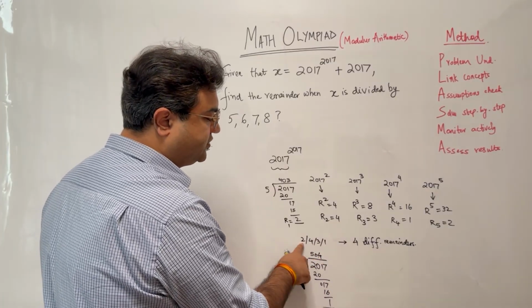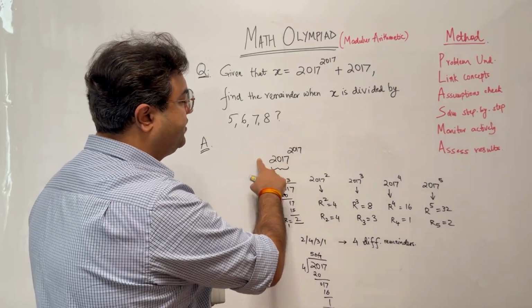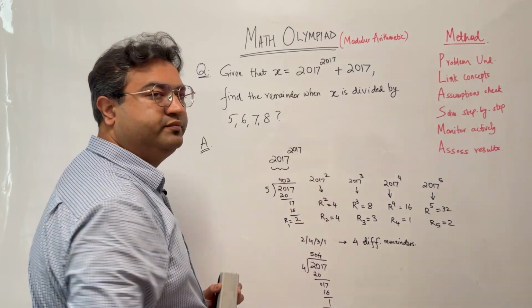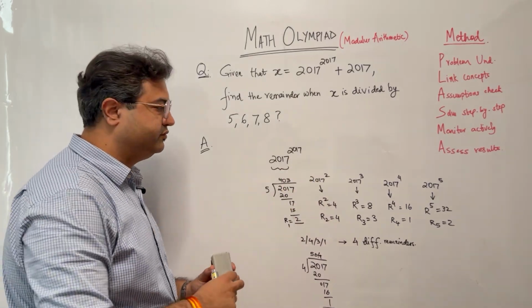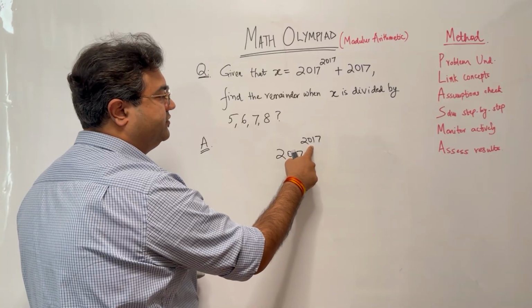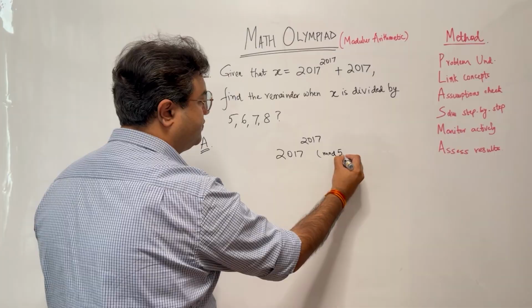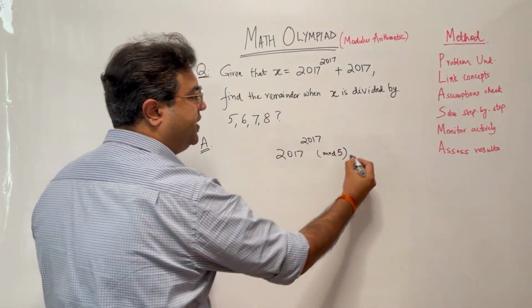And then there will be 1 extra, so it will come back to 2. So the overall remainder coming from here will be 2. So 2017 to the power of 2017, when you divide it by 5, the remainder is 2.